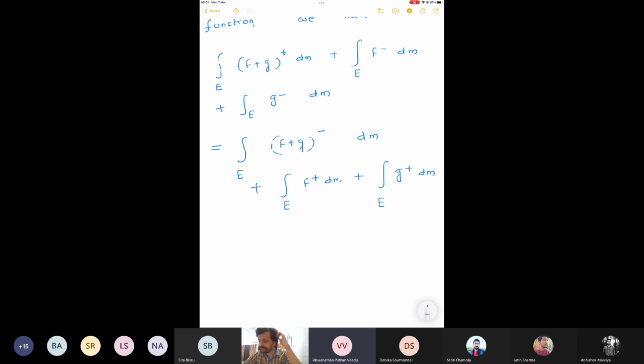So far so good. I have just used linearity of the integral, which we proved for non-negative functions.